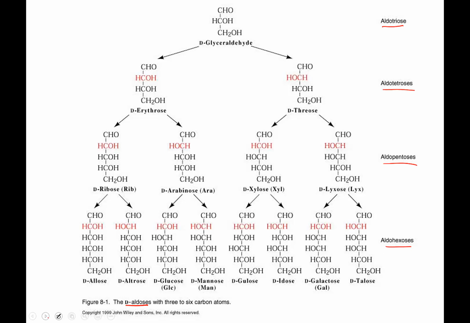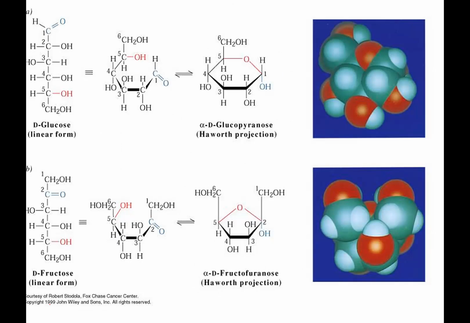Here's an example of glucose, in what's called its linear form. Well, as I said before, the OH can come in and react with that carbonyl group, and we end up with the cyclic form of that hemiacetal, which would be called a glucopyranose.